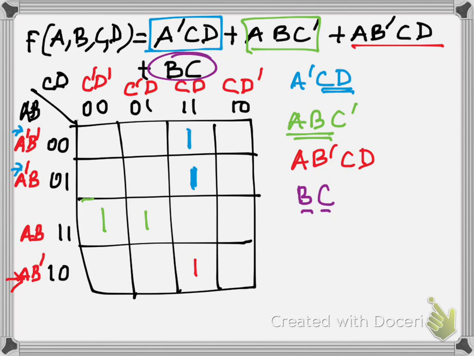So we will consider the rows where there is a B, okay, and the columns where there is a C. Okay. So now, which are the terms missing? A is missing and D is missing. So A will appear either as A or A dash. Similarly, D will appear as D or D dash.